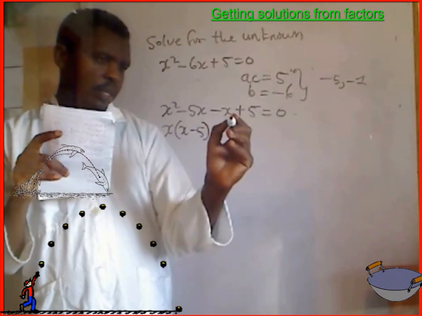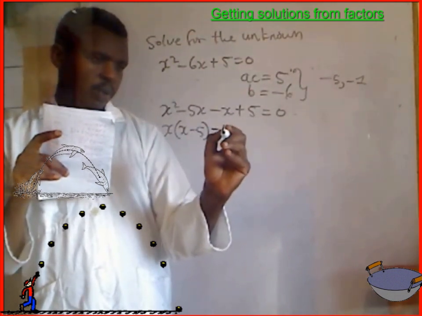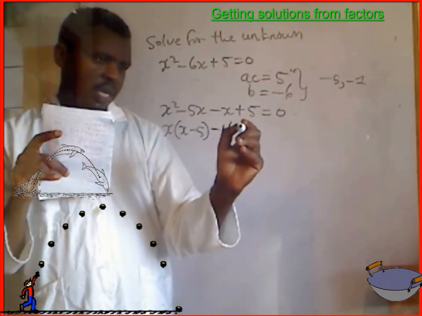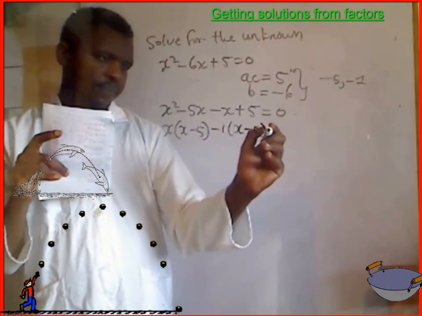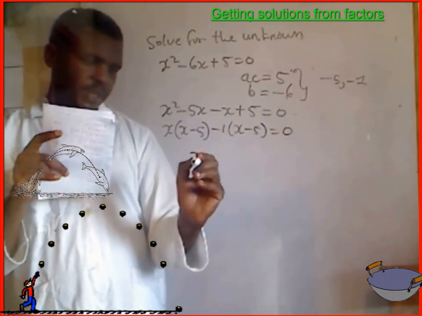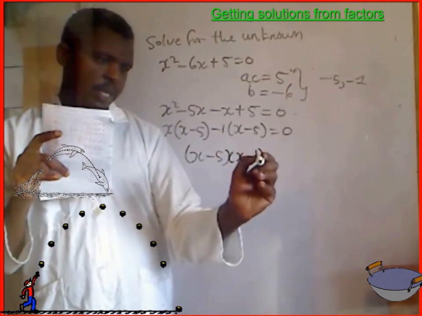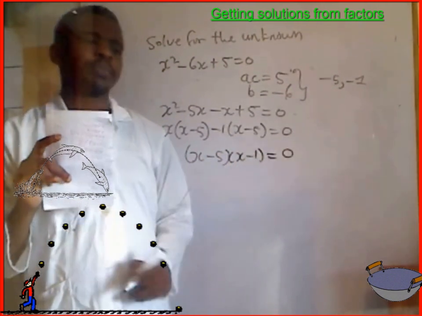What is common there? Minus x plus 5, 1 is common. So I will say minus 1, x minus 5 equals to 0. x minus 5 is repeating, I write it once. x minus 5 factor of x minus 1 is equal to 0.